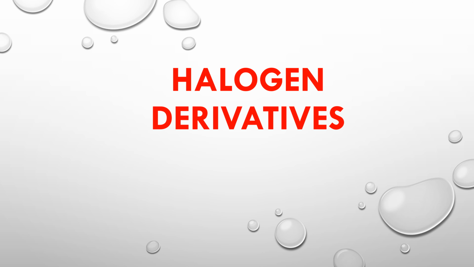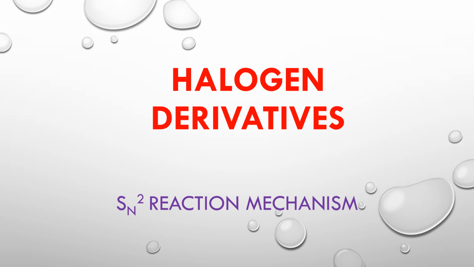In the halogen derivatives chapter, in the last lecture we started with the topic mechanism of SN reactions. SN reactions means nucleophilic substitution reactions. I told you in the last lecture that nucleophilic substitution reactions follow two types of mechanism.